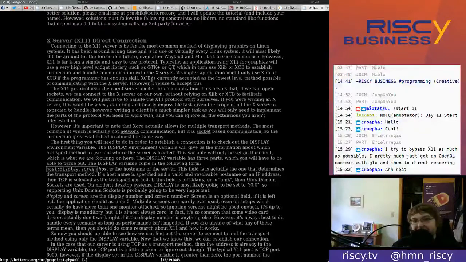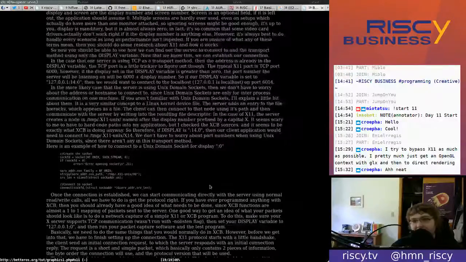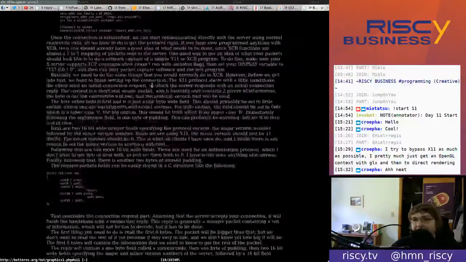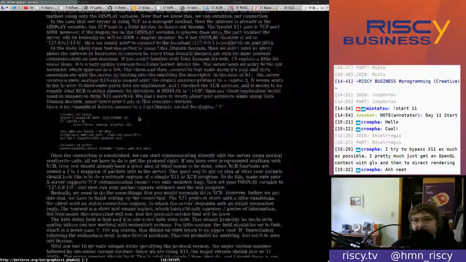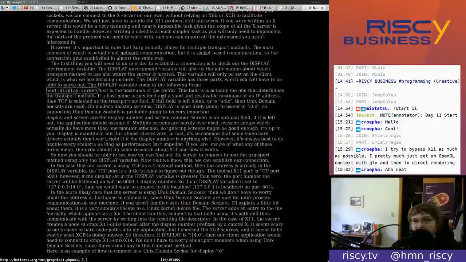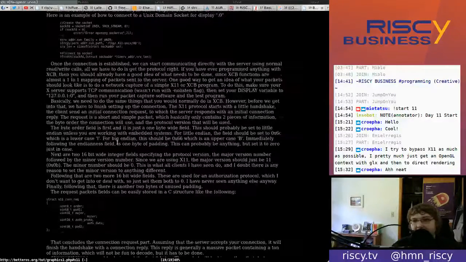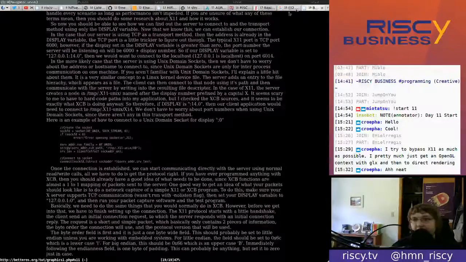Like you literally just use a packet sniffer to see what the protocol is sending over TCP. And I haven't done that yet, but that seems like a really cool way to figure out what libraries are doing rather than just reading source code of libraries. With an X11 program, you can actually sniff packets over TCP to do that. So I'm probably going to be trying that at some point as well.